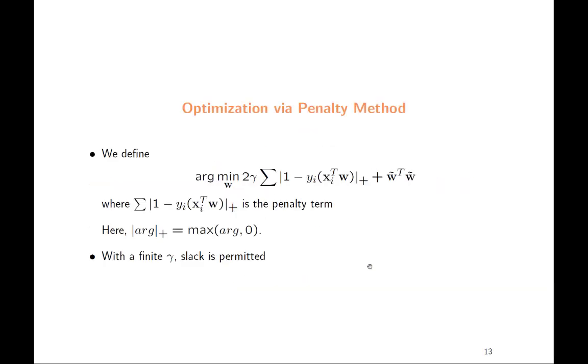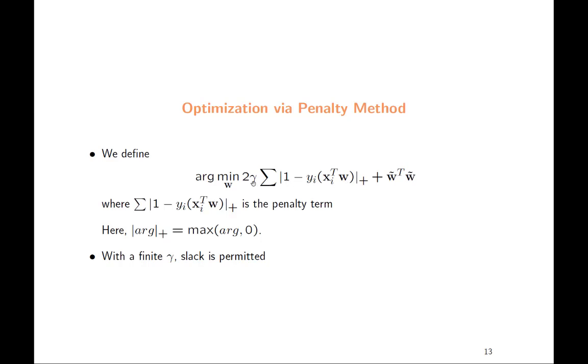And if we formulate this, then we can also write this whole thing in this form. So here we have a typical weight decay term or weight penalty term, and this is the cost function. It's the positive of the magnitude 1 minus y times h. And this gamma sort of determines how much we are enforcing this constraint. So if we select gamma to be really large, then we say, oh, definitely this constraint needs to be fulfilled.